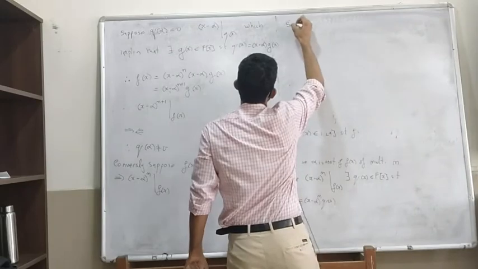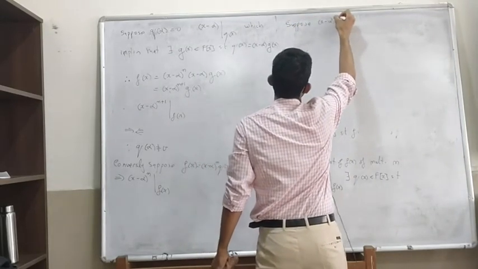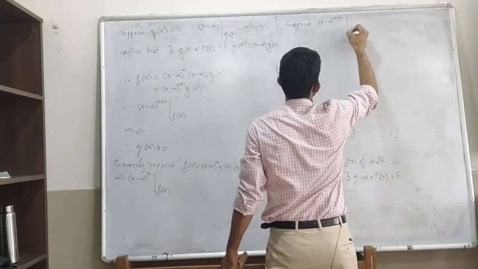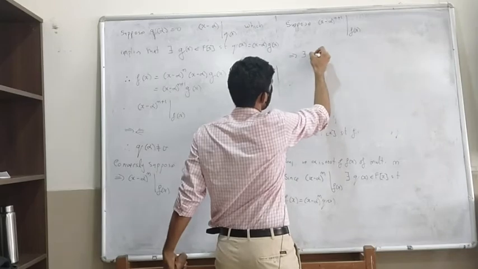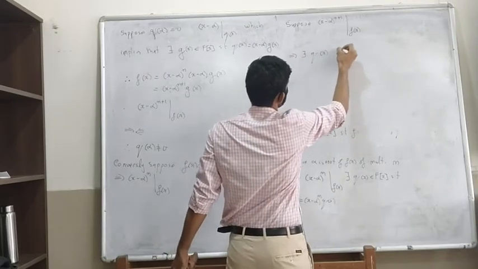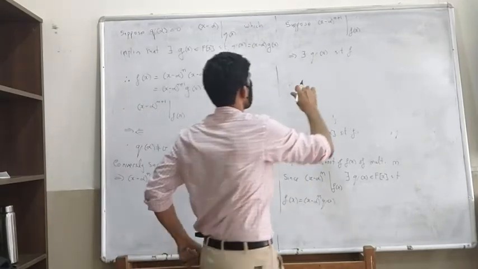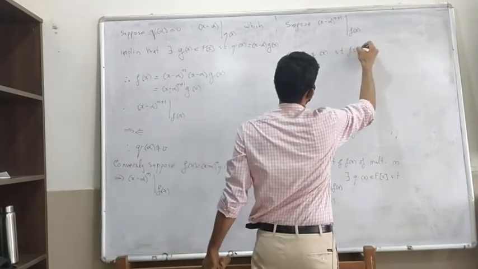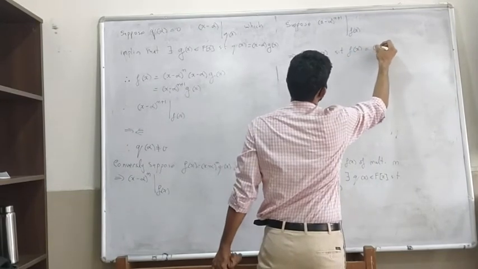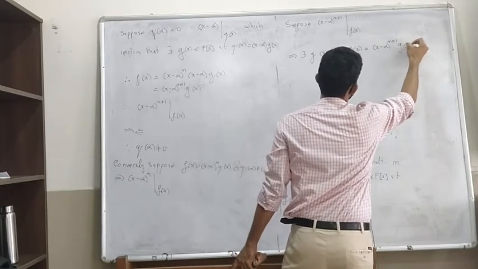Suppose x minus alpha raised to m plus 1 divides f of x. What will happen here? It will mean that you can find some, I can't write q, right? I need to write g of x, such that we can write f of x as x minus alpha raised to m plus 1 times g of x.